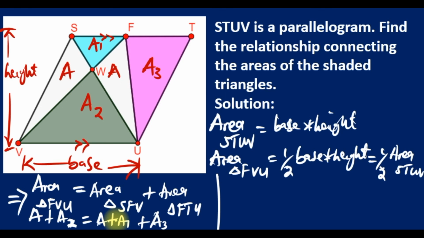The sum of this and this will be equal to this. Looking at this, there are common terms. A is common. So this is just a combination of the trapezium property and the parallelogram. A is off. So we have that A2 will be equal to A1 plus A3. So have you seen it? If you add this area, this, it will give you this.